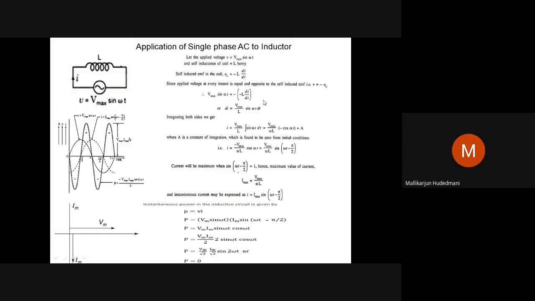So why did I do it, you might ask. What was my task? My task was to generate the equation of current. So therefore, to get the equation of current, I have taken help of self-induced EMF, EL equal to minus L di by dt. There is a term di.